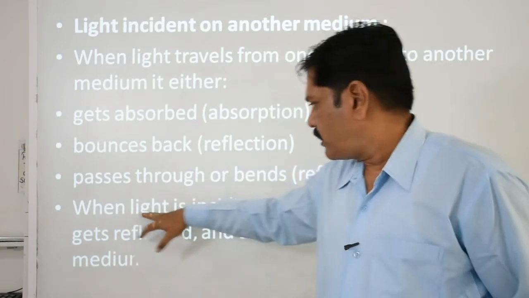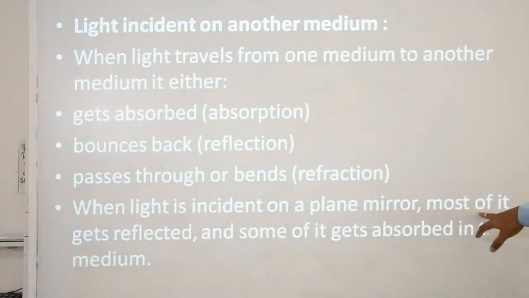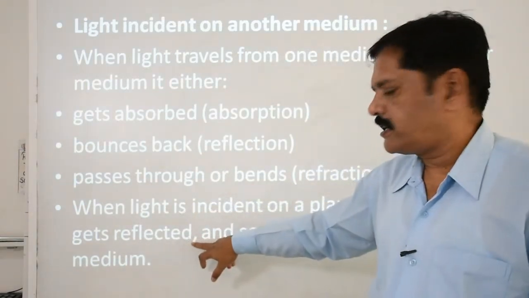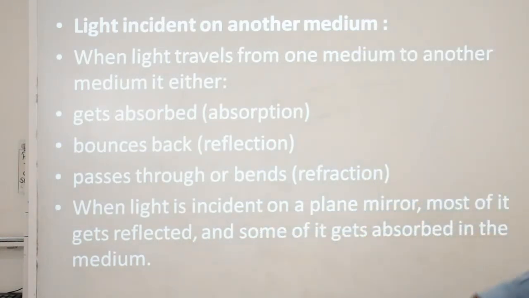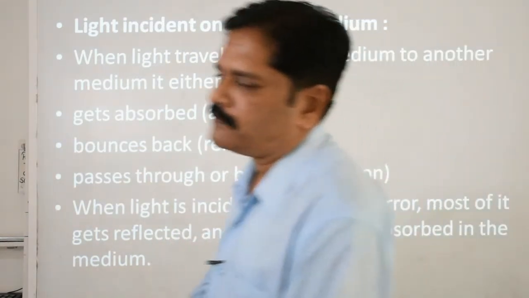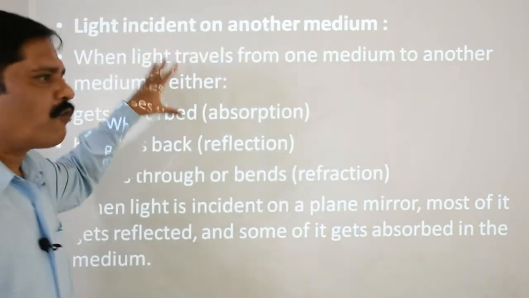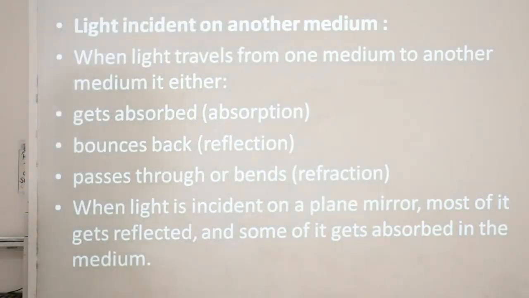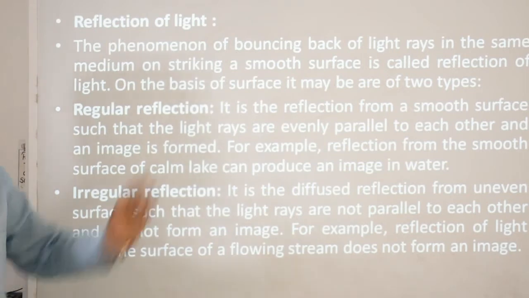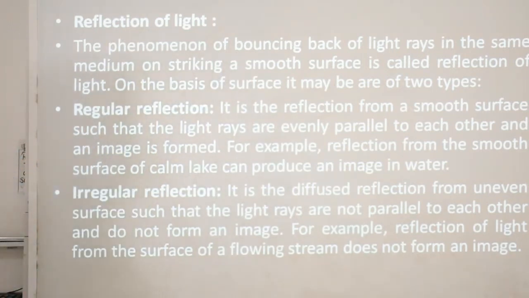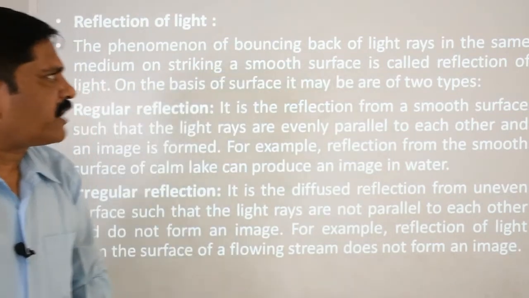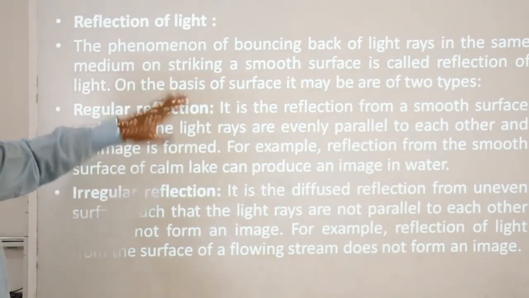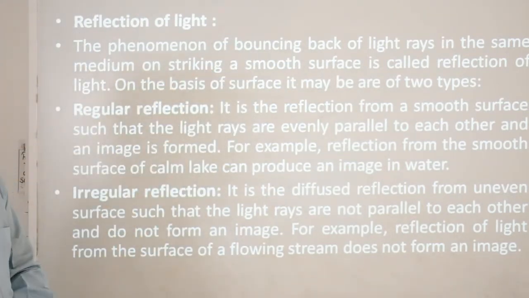When light is incident on a plane mirror, most of it gets reflected, and some of it gets absorbed in the medium also. So this is in general what happens when light falls on a surface or passes from one medium. Here we are going to discuss the reflection of light. The phenomenon of bouncing back of light rays in the same medium on striking a smooth surface is called reflection of light.